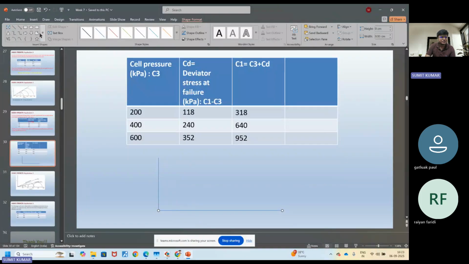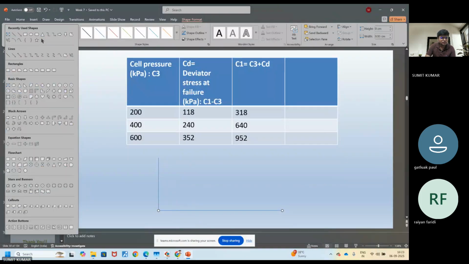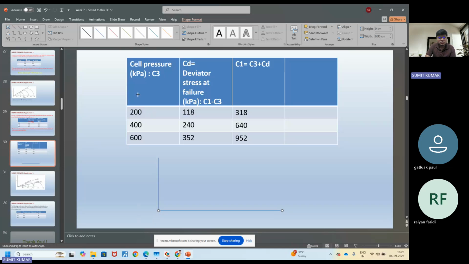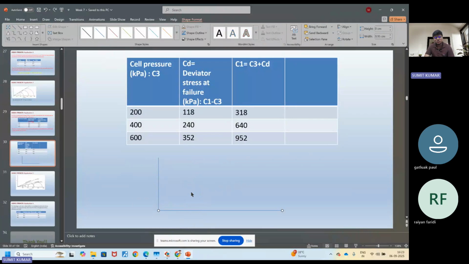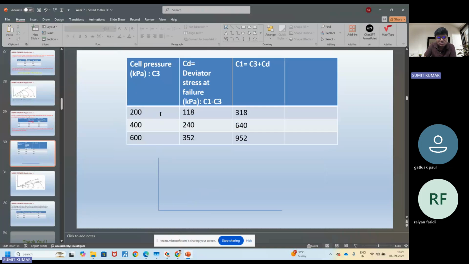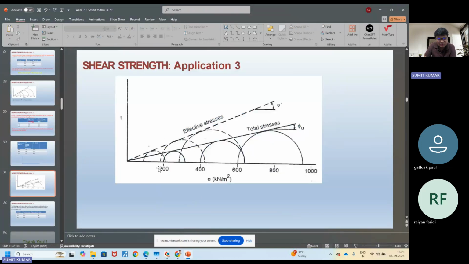First of all, you draw a circle with sigma 3. Sigma 3 is 200. Let me show you over here only. The first value, sigma 3, is 200, as mentioned over here. And we are drawing total stress first. The total stress is the bold line and the effective stress is going to be the dotted line.